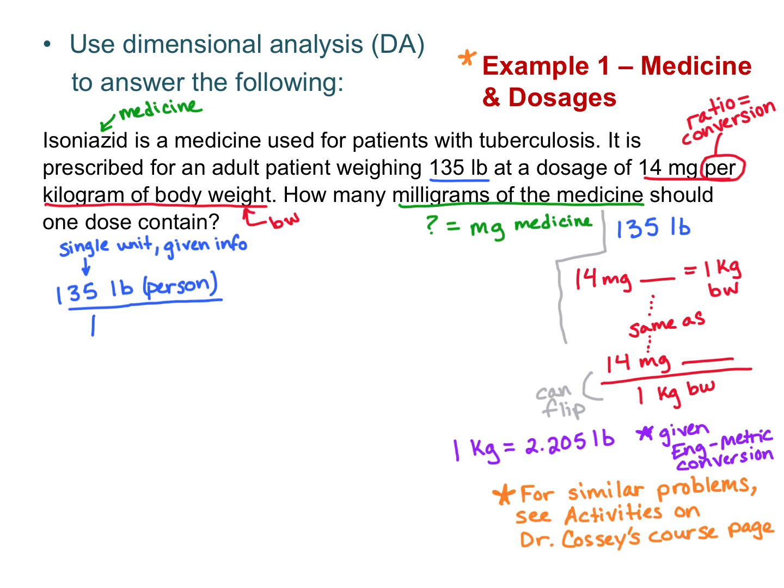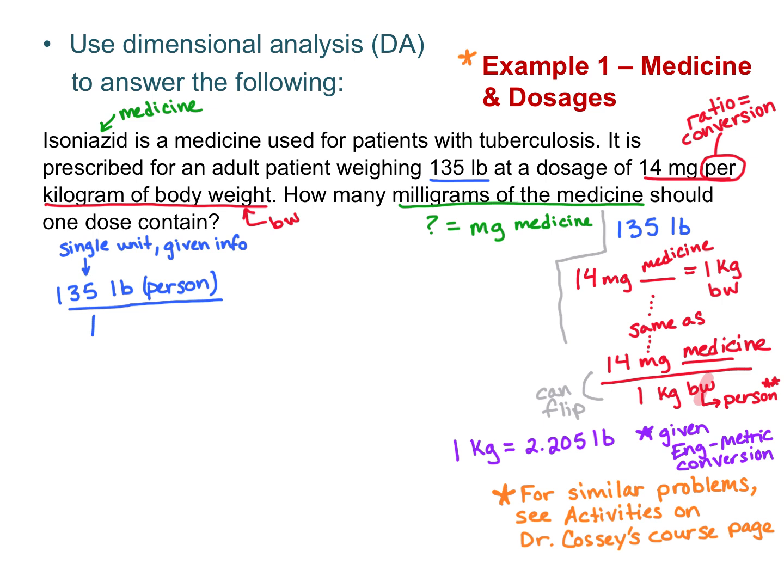Now I need to go from the person to the medicine, and the only thing that does that should be given in the problem, because I'm going between two different items. So that's where I get the milligrams of medicine per kilogram of body weight. The body weight is the person, and the milligrams is the medicine. Does that make sense? Hopefully?